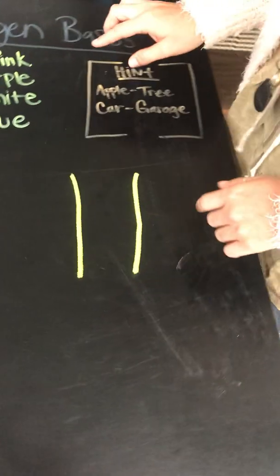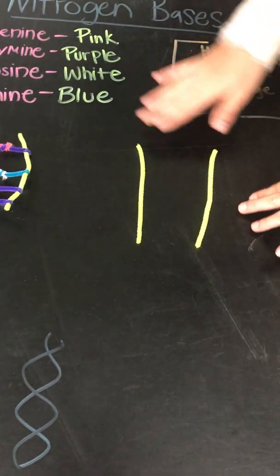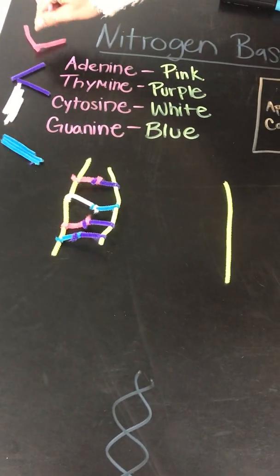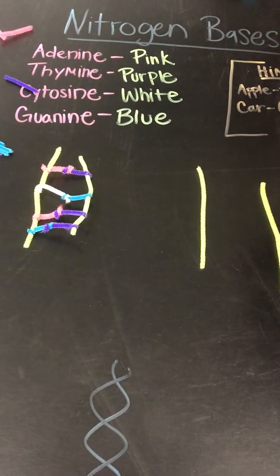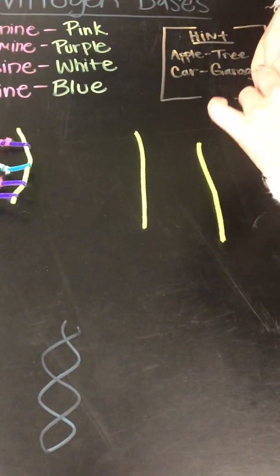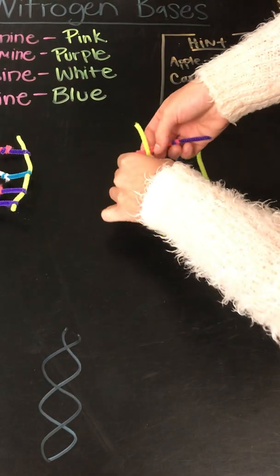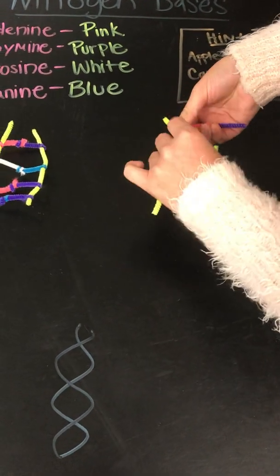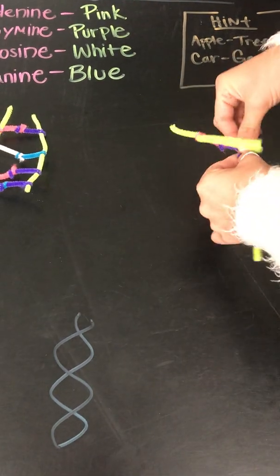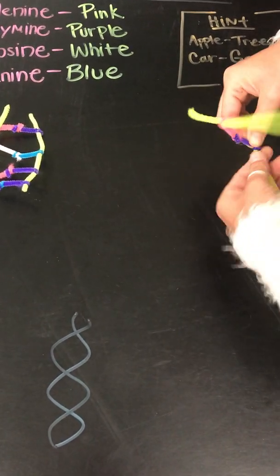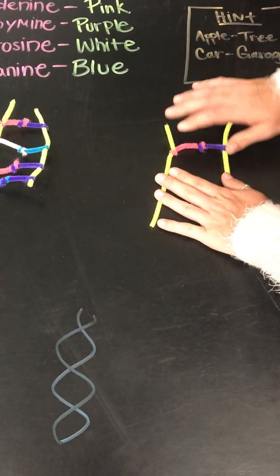We're going to go ahead and do our other strand. We'll go A, T, I'll try to speed it up this time, apple to tree. If you have pipe cleaners, you can do this at home or wherever.